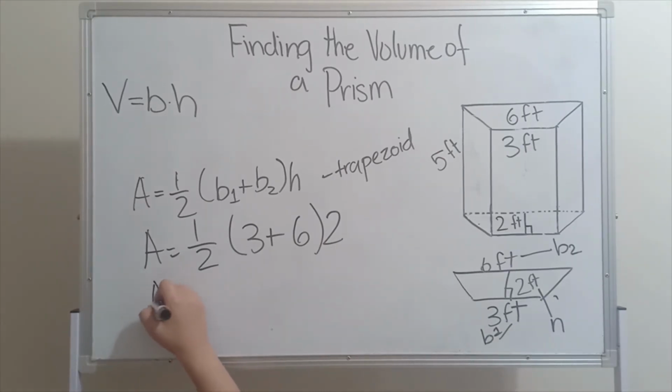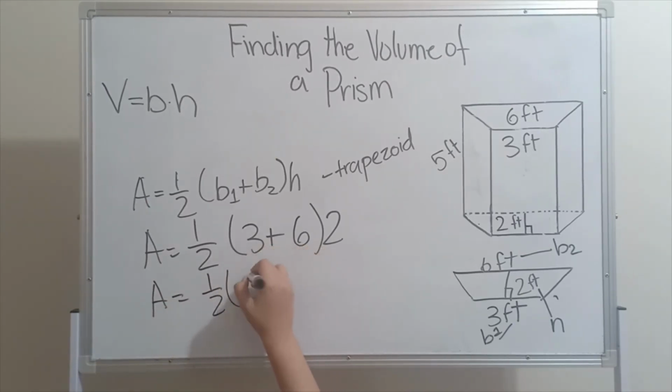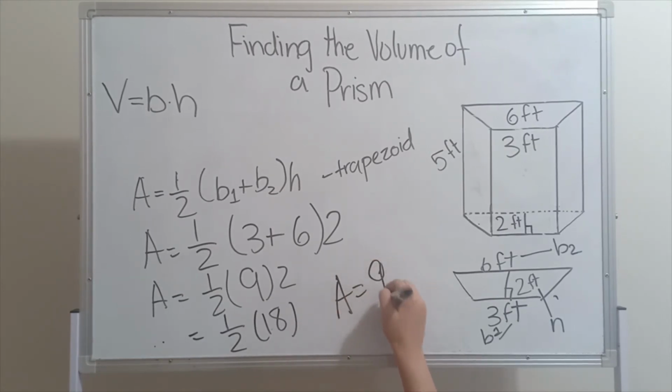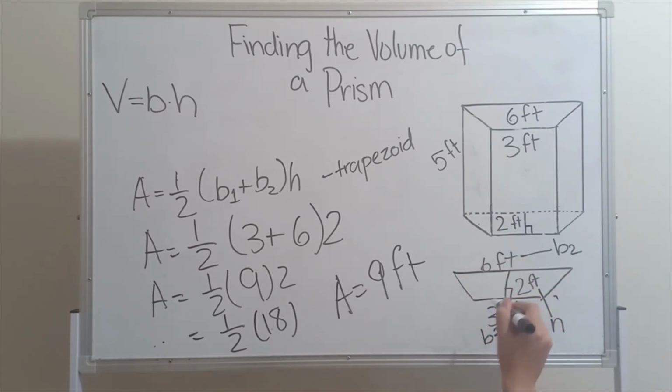Now, after we solve this, we will first do 9 times 2, which gives us 1/2 times 18, which will then give us area equals 9 feet. So the area of the base, this trapezoid, is 9 feet.